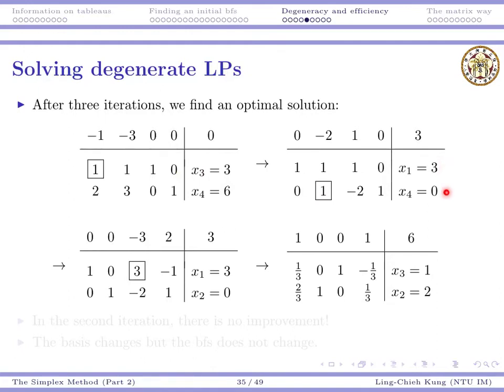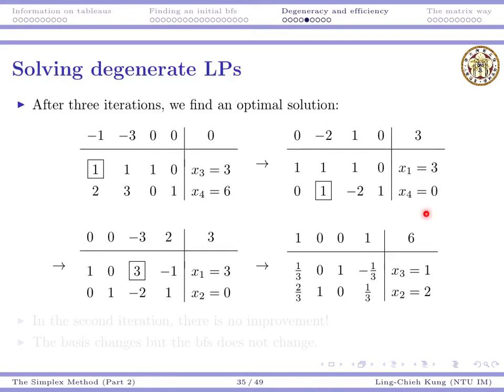The second row has a ratio 0. One thing to remind you is that some rows do not participate in the ratio test: if the denominator is 0 or negative, that row does not participate. And here it is the numerator that is 0, which does not violate the rule of the ratio test.